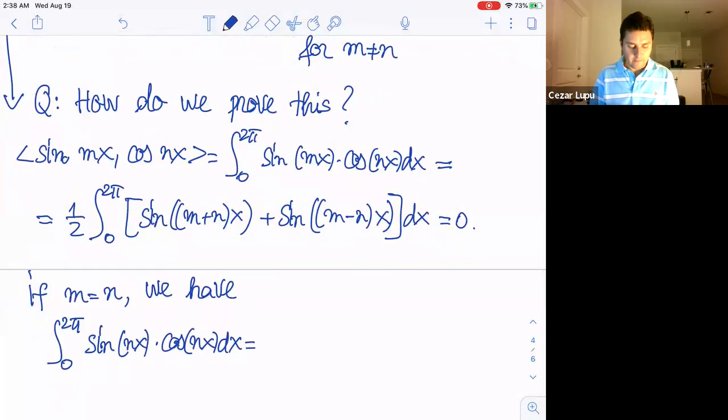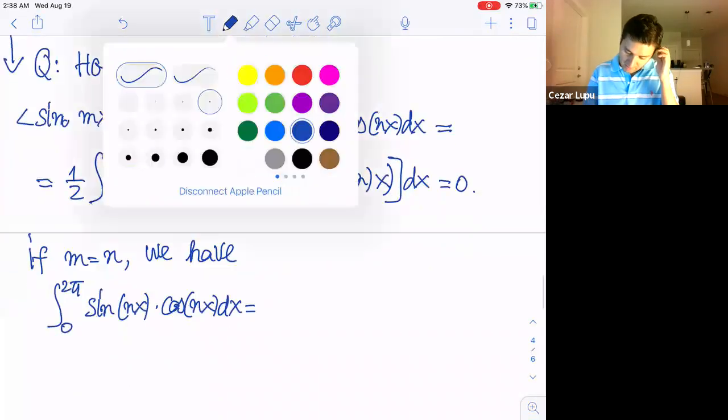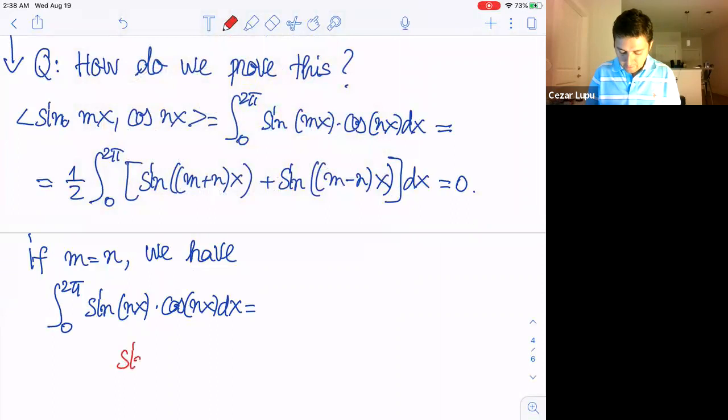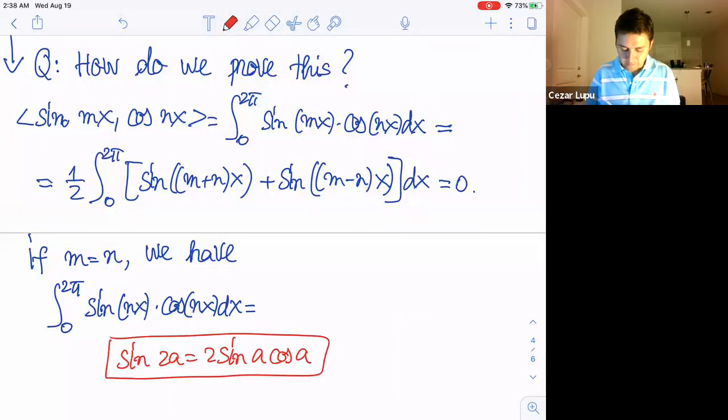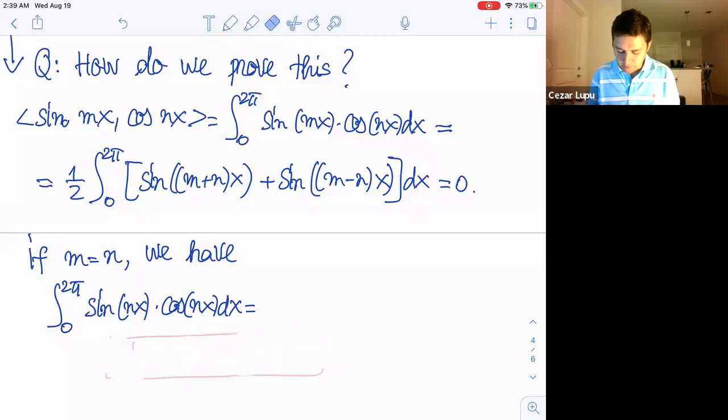If you want to keep in mind, we have this formula: sine of 2a is 2 sine of a cosine of a. So we would like to write this. But in any case, in fact, we don't even need this. Why am I saying, what am I talking about?